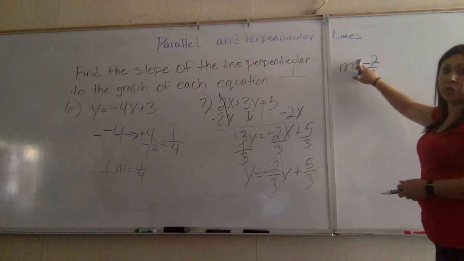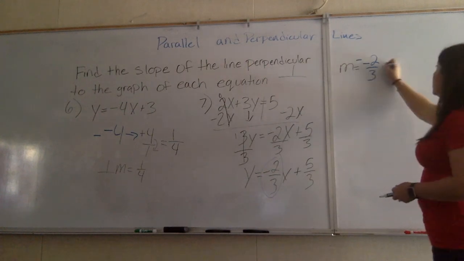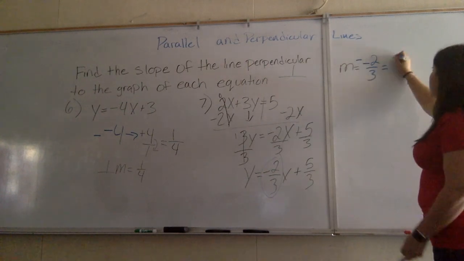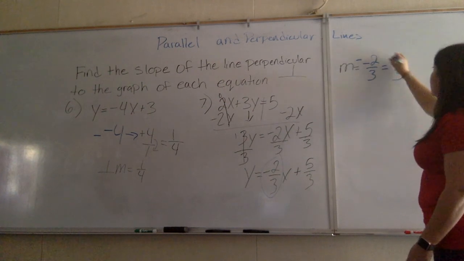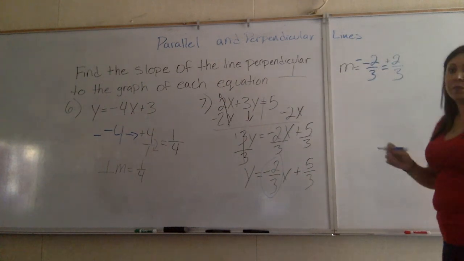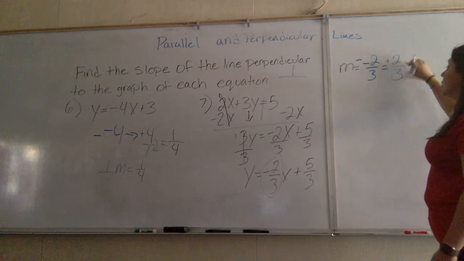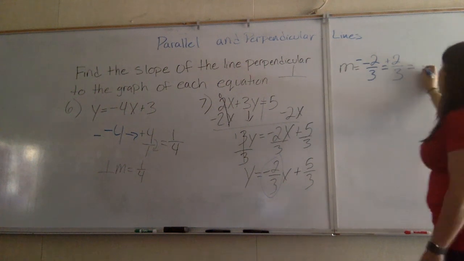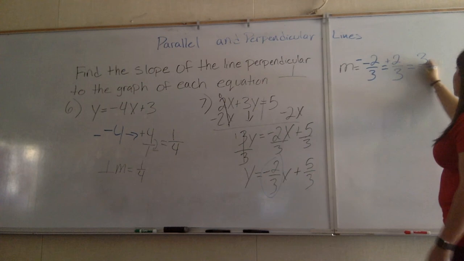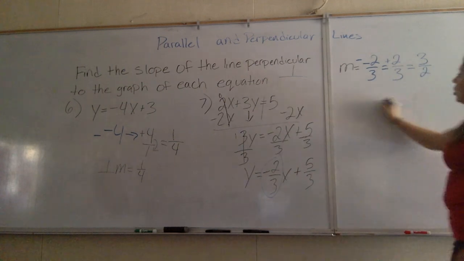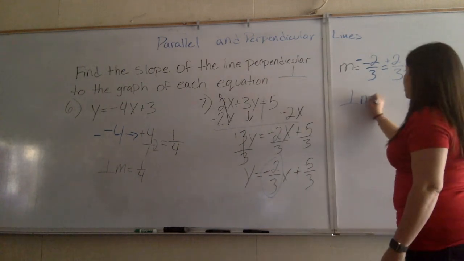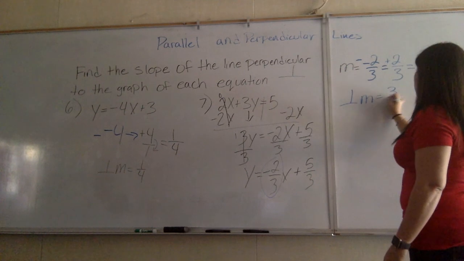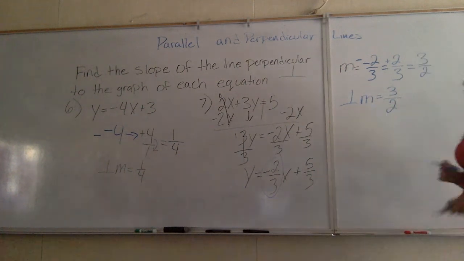Negative times a negative gives me a positive, so I'm going to have +2/3. Then I take the reciprocal, which means I flip this over. So 3/2. My perpendicular slope would be 3/2.